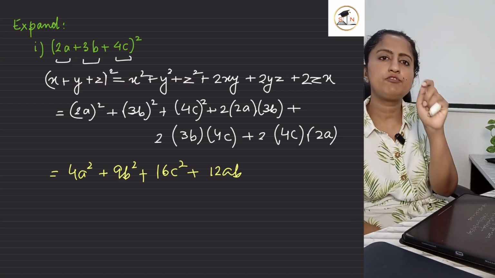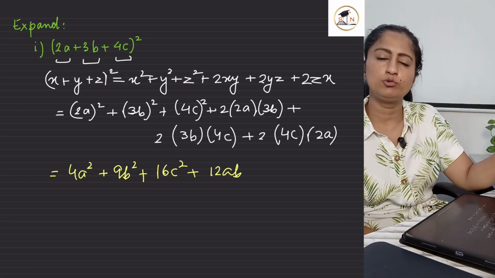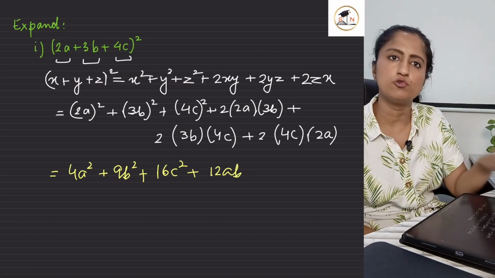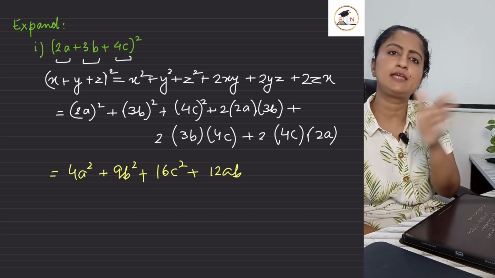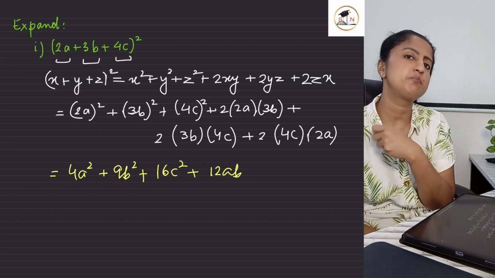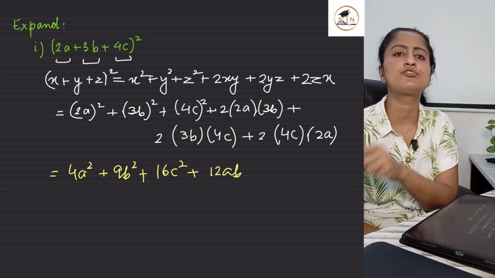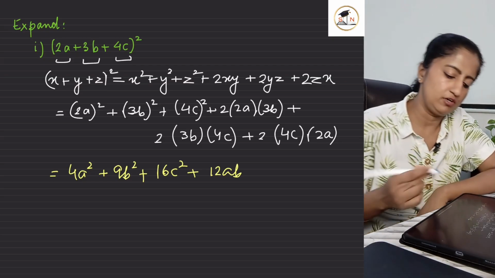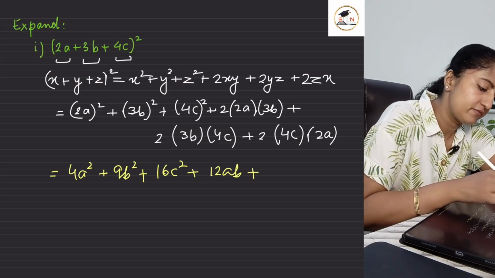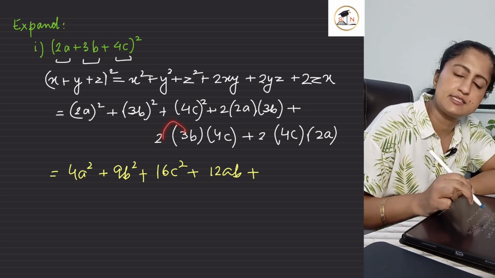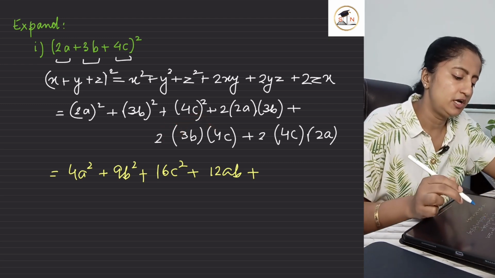No. If you have multiplied the outer 2 with 2a, that means it's done, it's used. You can't multiply that again with 3b, but you just multiply the product of 2 and 2a with 3b. Okay, so be careful. Then plus 2 into 3 is 6, 6 into 4 is 24.